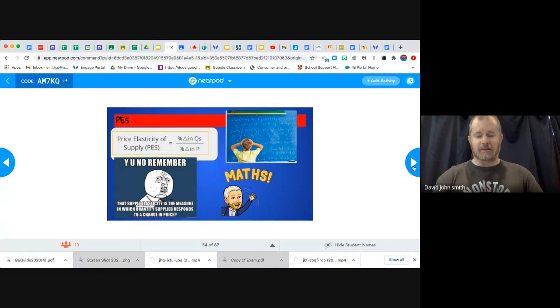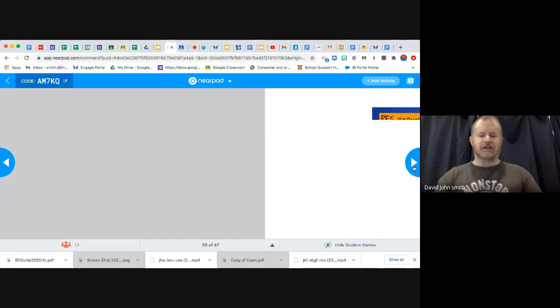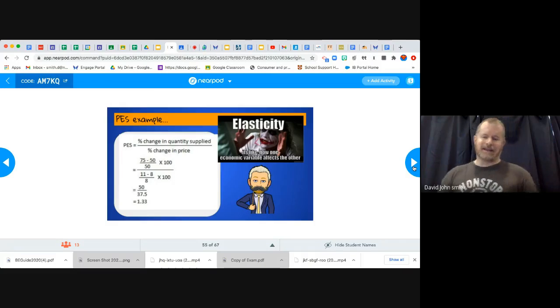So that's PES, percentage change in quantity supplied divided by the percentage change in the price. And we stopped the other day looking at a worked out example of the formula. Here's the quantity supplied. It has gone up by 15.